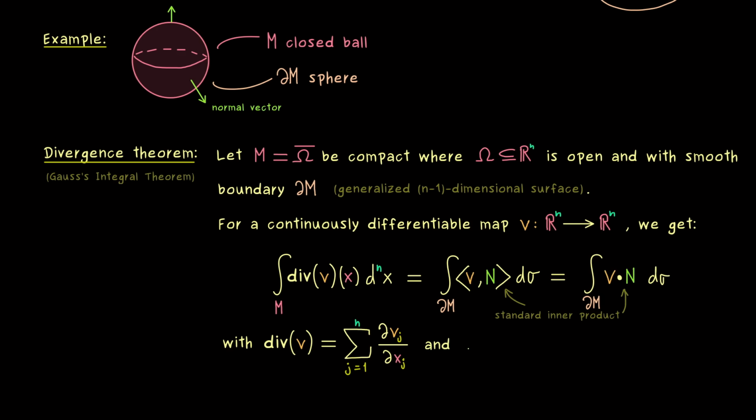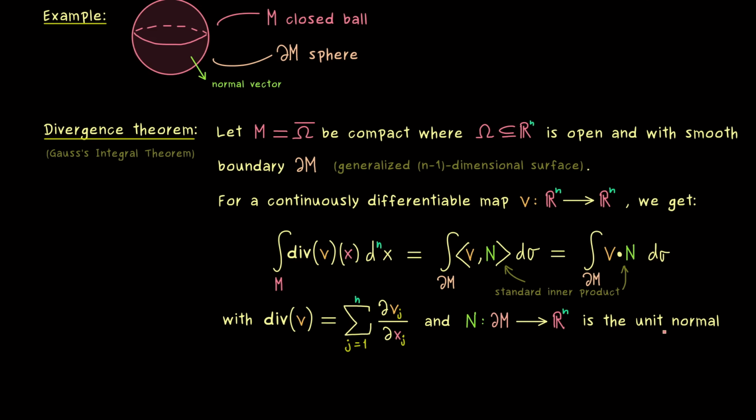And now, as promised, let's talk a little bit more about this normal vector n. In fact, we already know at each point at the boundary we have normal vectors, but we normalize them. So with respect to the standard norm, each vector here has norm 1. So we say we have a unit normal vector field n, but we also want that it is outward pointing.